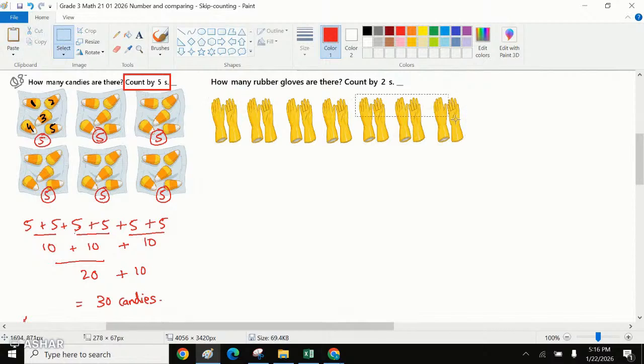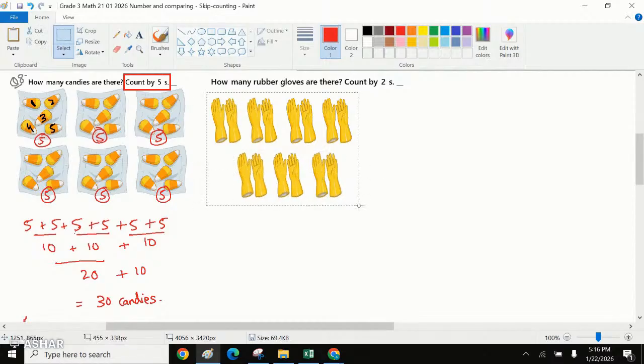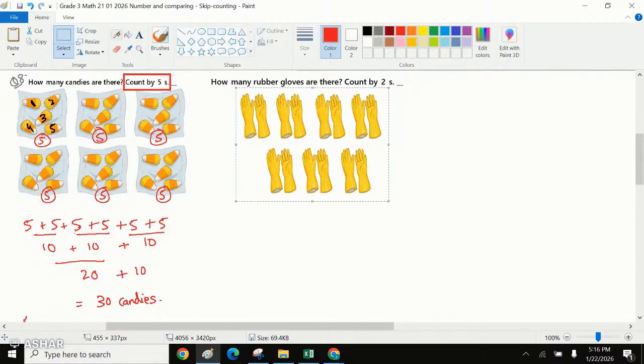So if these were the pairs of gloves given to us, let's count the number of pairs of gloves. Okay, for question number 9, we need to count by twos. We need to make pairs. We know a glove would always have a pair.